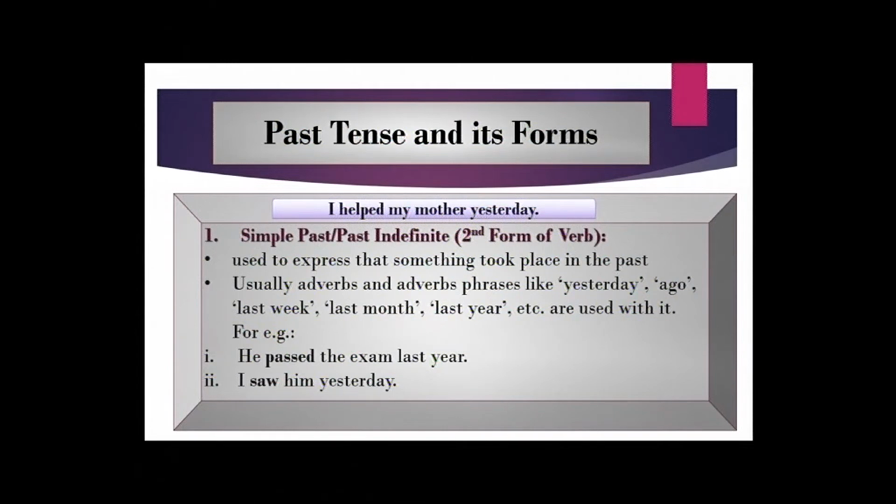Look at the sentence written above. I helped my mother yesterday. Helped, it is the second form. It is used to express that the work has taken place in the past.